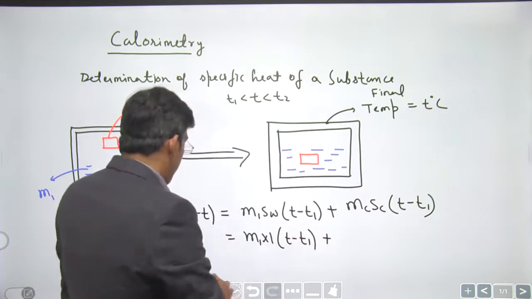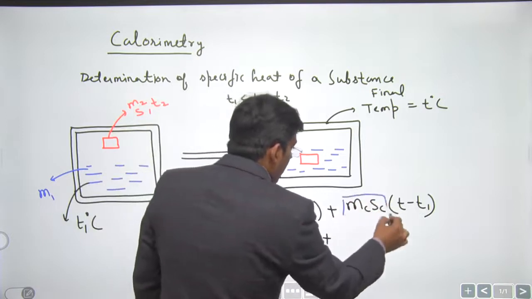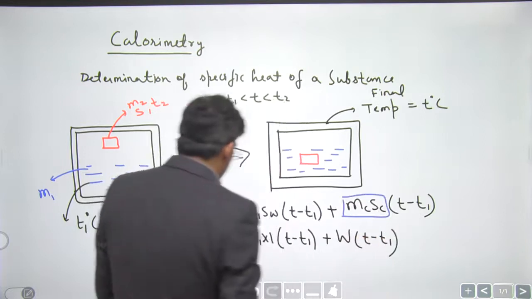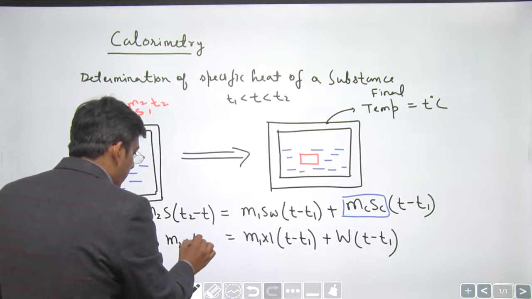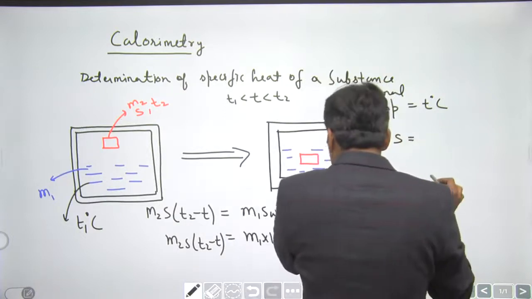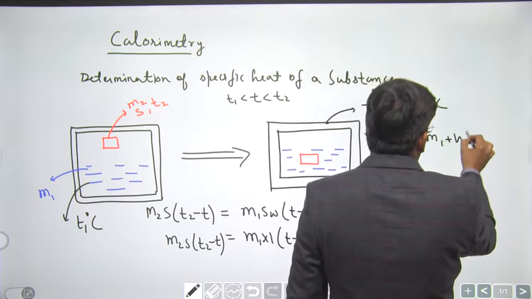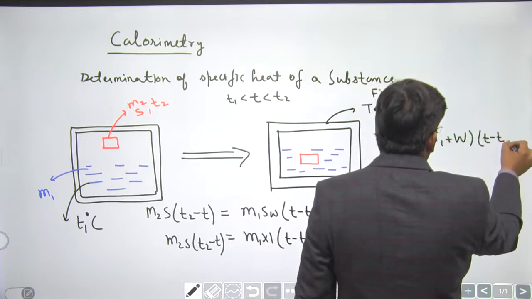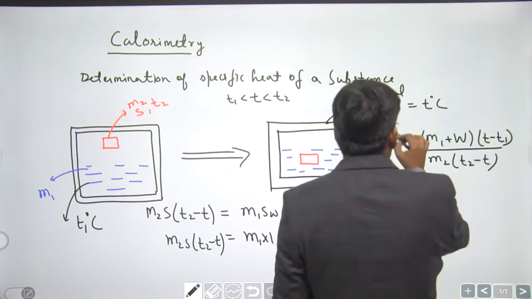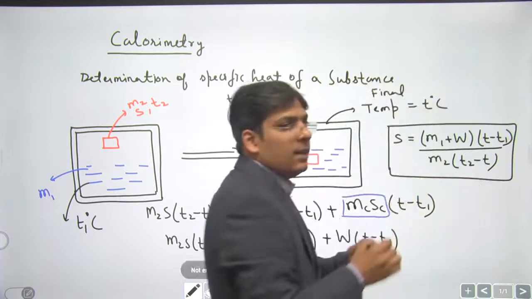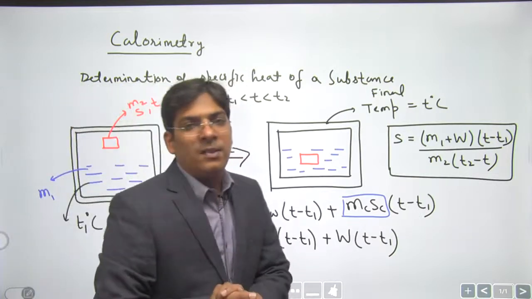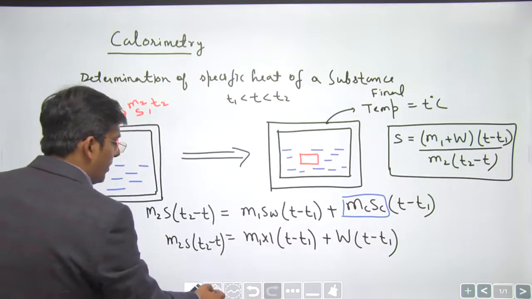When you multiply the mass of a substance by its specific heat capacity, you get the water equivalent of that substance, so this is W, the water equivalent of the calorimeter. The left side is m2 into S into T2 minus T. So we get the specific heat capacity S as m1 plus W into T minus T1 divided by m2 into T2 minus T. Using this formula, you can easily calculate the specific heat of a substance whose specific heat is not known. Kindly note down, dear students.